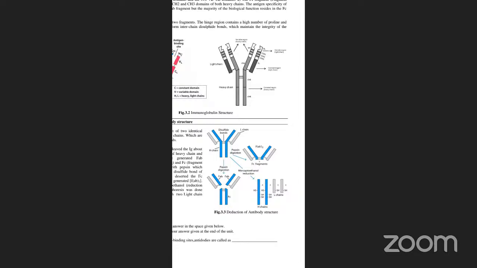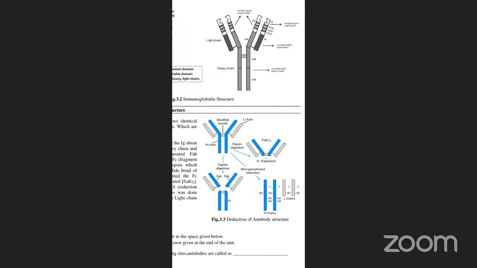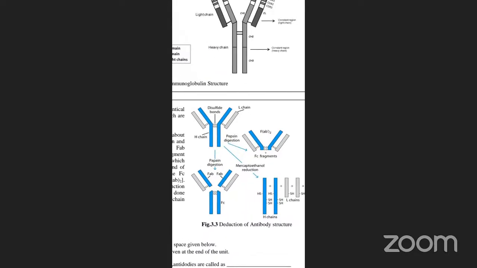So how this happens is, first, the top one is the antibody. When digested by peptide enzyme, the hinge region will be digested first. In the above structure, it was mentioned clearly that it is a peptide digestible region. Now the two FAB regions and one FC portion will be separated.